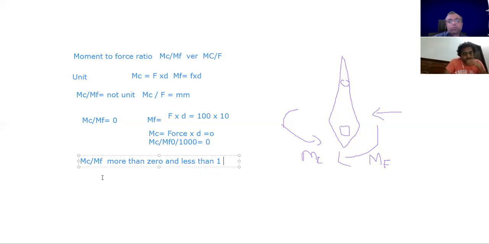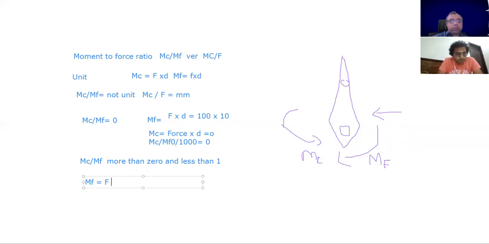So how do these values actually come? First of all, I will see the moment of force. That is in the clockwise direction on the canine, and let's say that is the right side canine. So first, the moment of force.